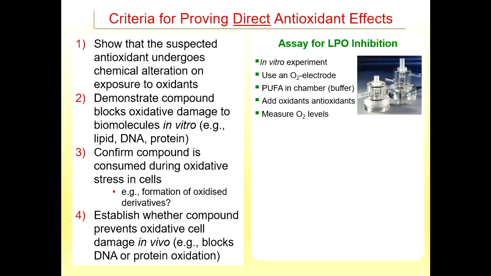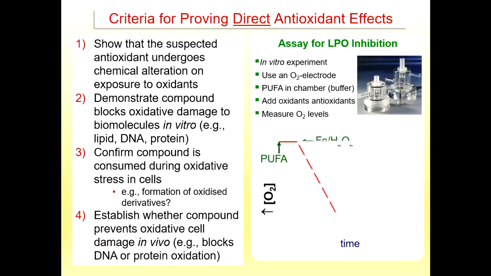You can simply put, say, mitochondria or a biological target substrate, in this case a polyunsaturated fatty acid, in a buffer in an airtight chamber, and then add something to stimulate the consumption of oxygen.